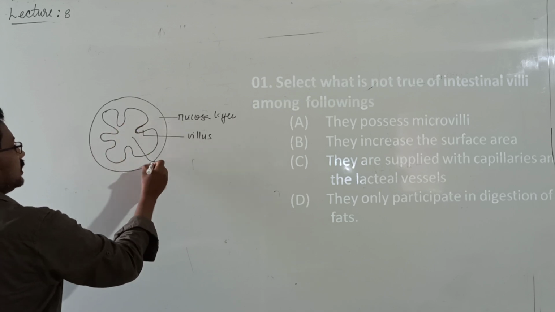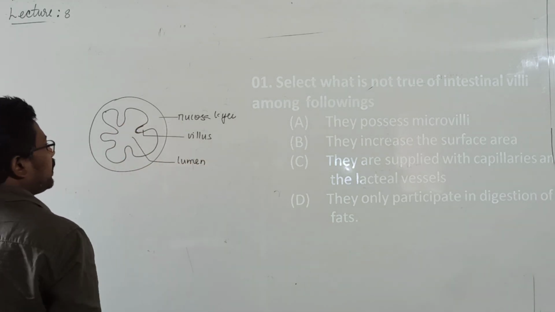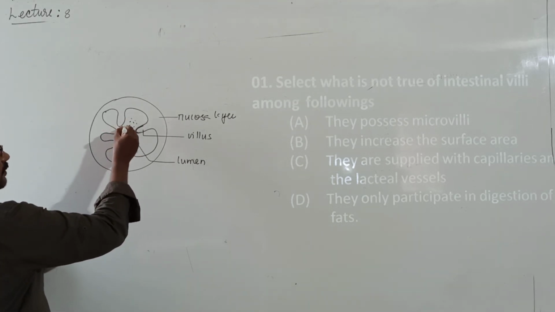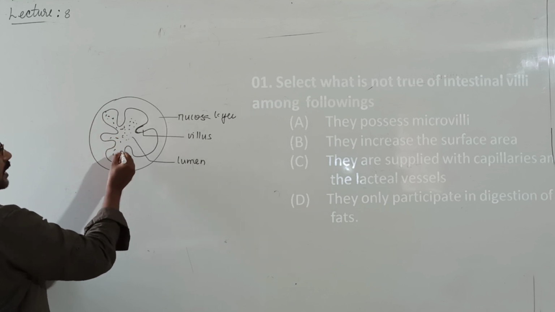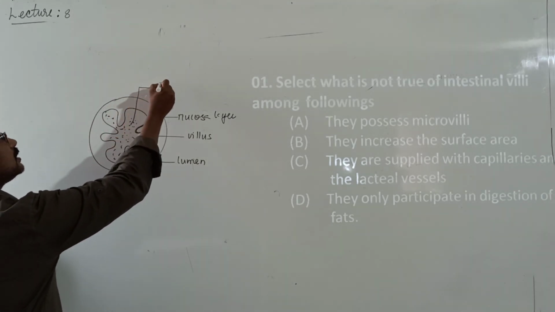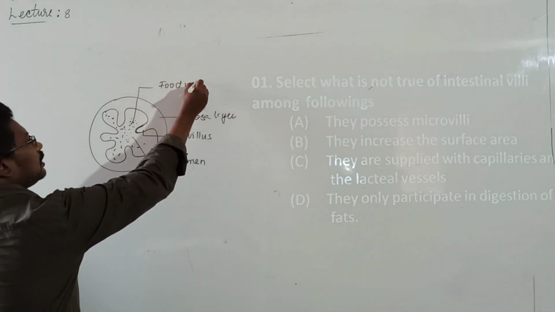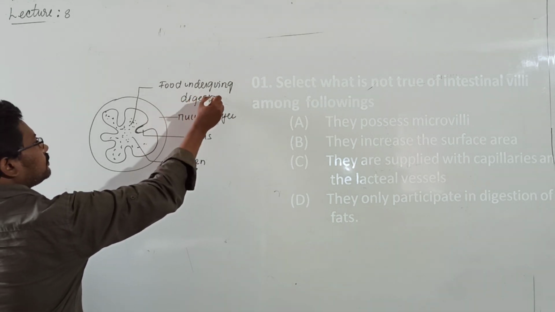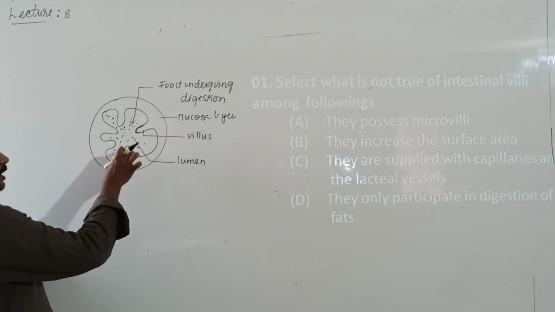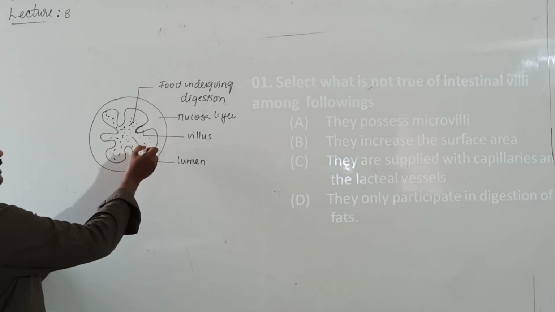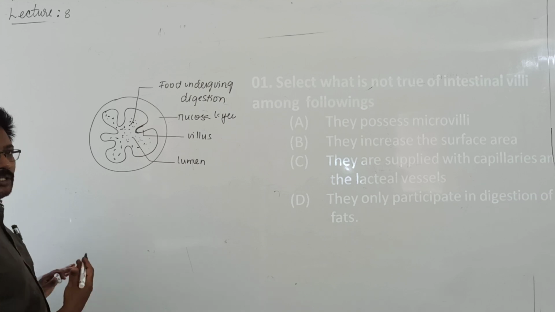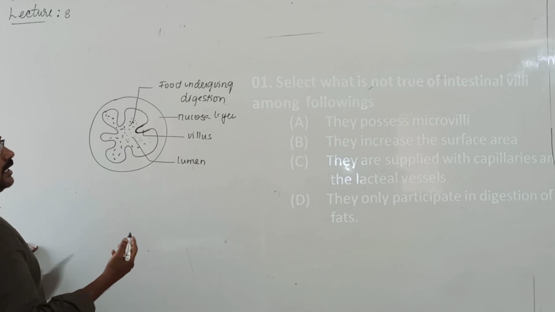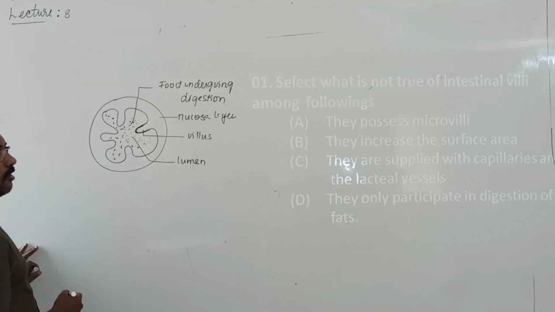This whole space is the lumen of the intestine, and this is the place where the food materials undergo the process of digestion. So we know that in the intestine almost all the digestion is completed, and whatever the products of digestion are get absorbed, and these villi increase that surface area of absorption.